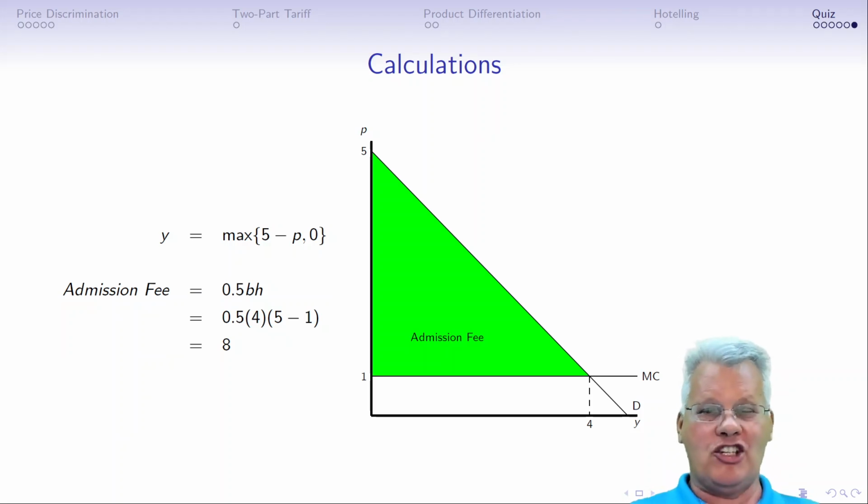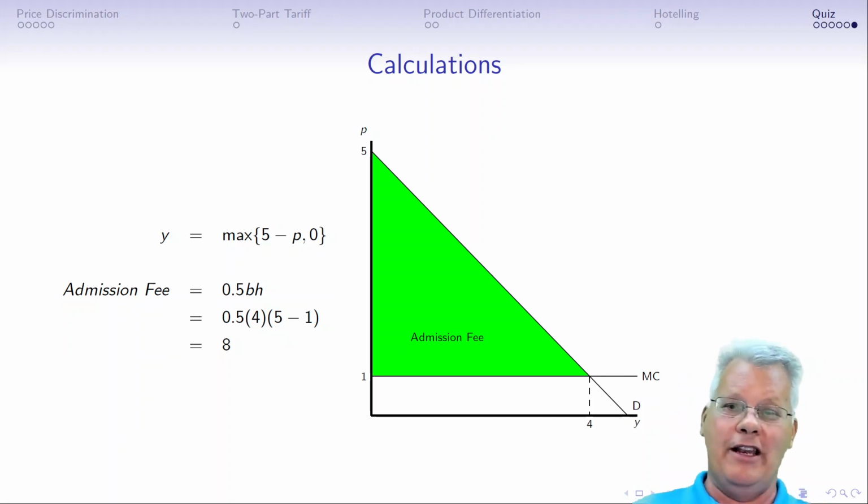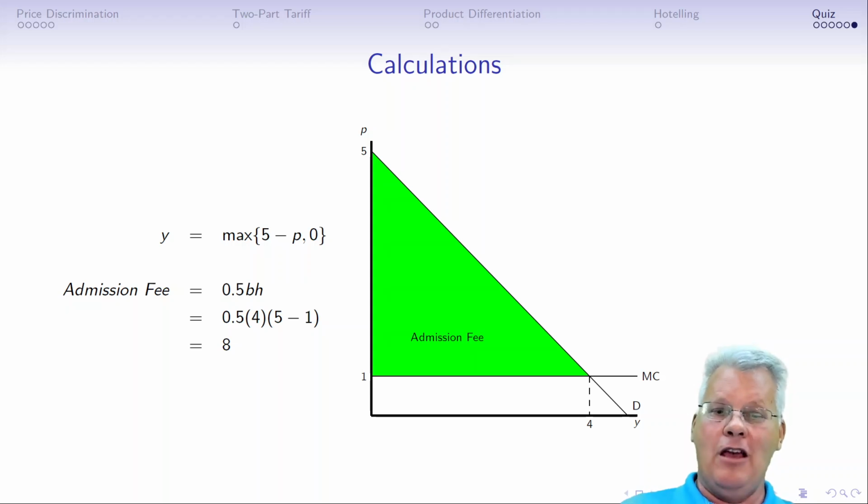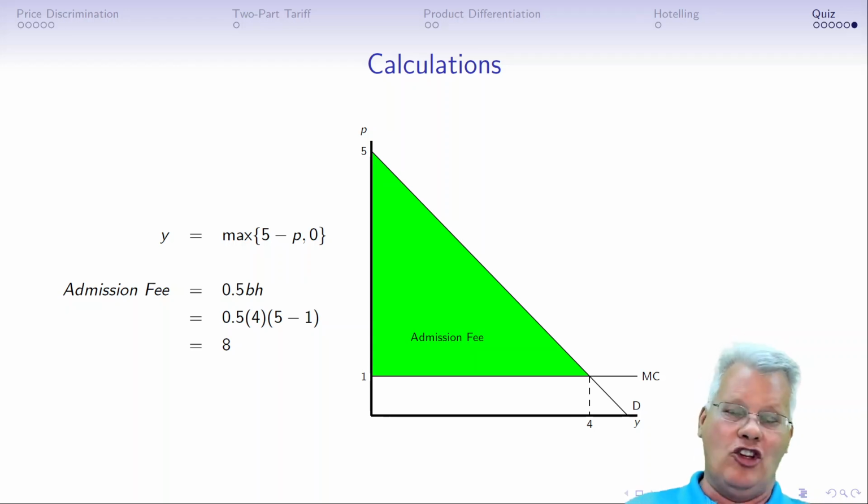So I draw the picture just like from the previous one. In this case, if $1 is charged per ride, each entrant into the park is going to choose to ride 4 rides, and the admission fee is equal to consumer surplus, which is the triangle, 1/2 base times height. So the entrance fee should be $8.